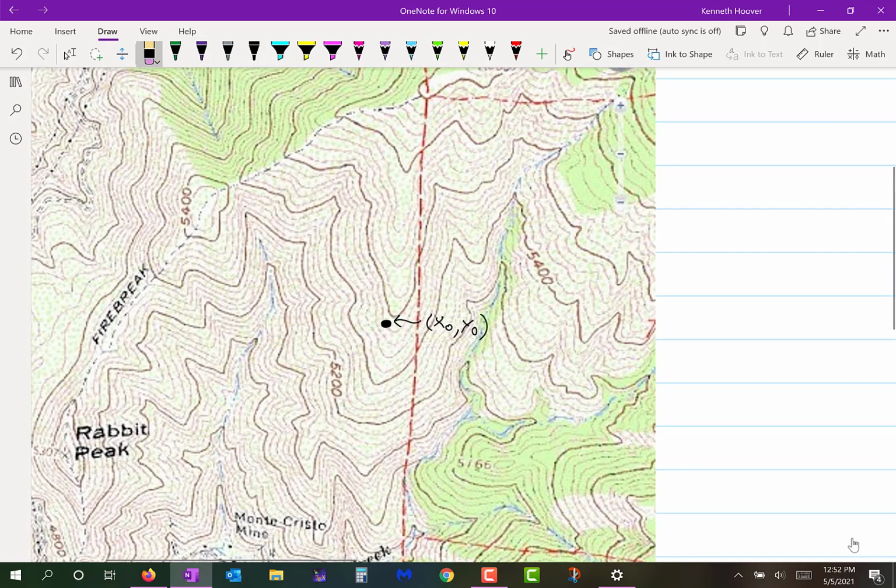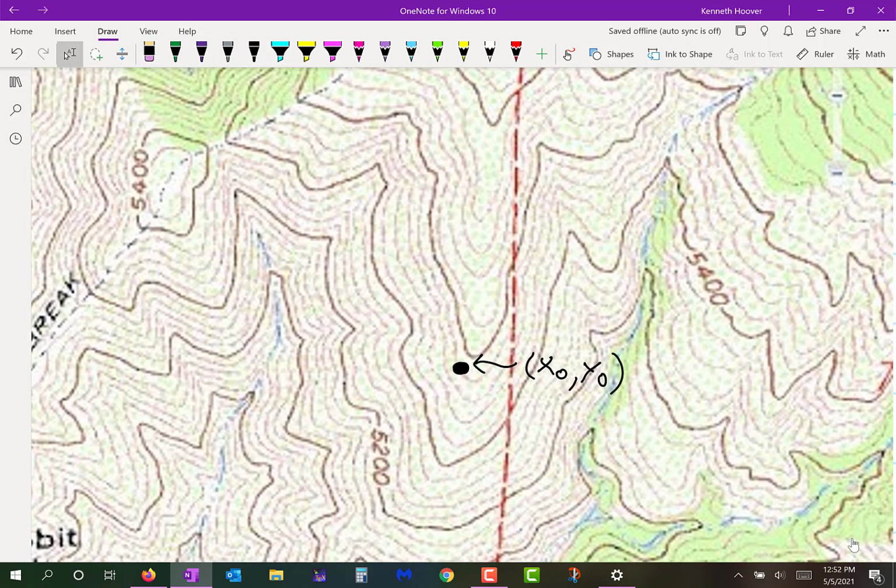Now, let's zoom in a bit more even. I want to point out something to you. Remember, the gradient is a vector. And what I want to point out to you is that that vector is always orthogonal to the level curves, the level curve, I should say, not plural, the level curve that goes through a point.